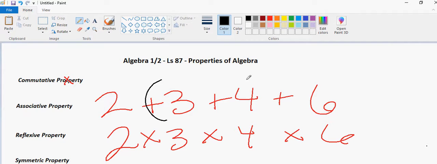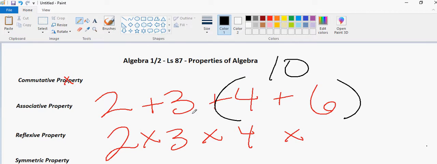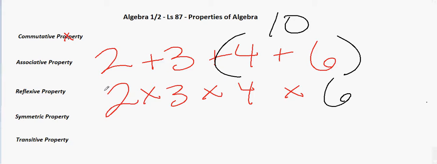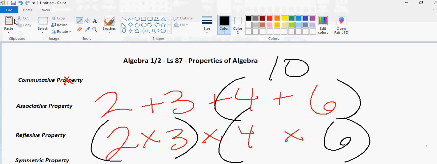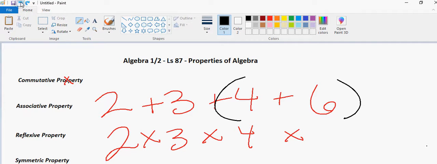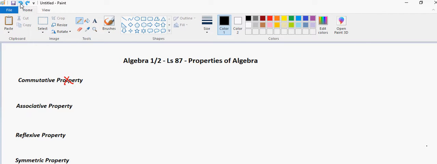I can pick these two, or I could associate the very first two, or I could associate these last two, and then I'm going to solve 4 plus 6 first, and then add the 2 plus 3 to get 15. No matter how I did that, it would have come out the same, right? Or over here, I can associate these, or I could associate 3 and 4, or I could associate 4 and 6. 6 times 24, it's all going to be the same, kind of why factor trees work. We can go in any order because these are commutative properties, meaning we can associate any two together like that with grouping symbols.